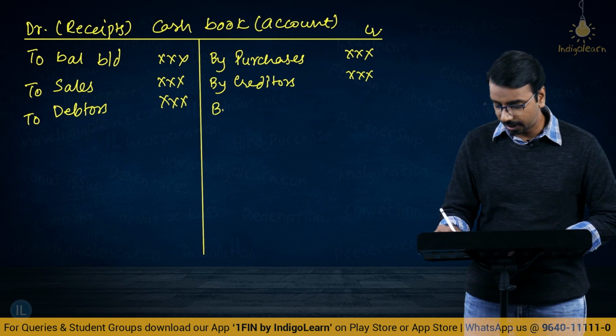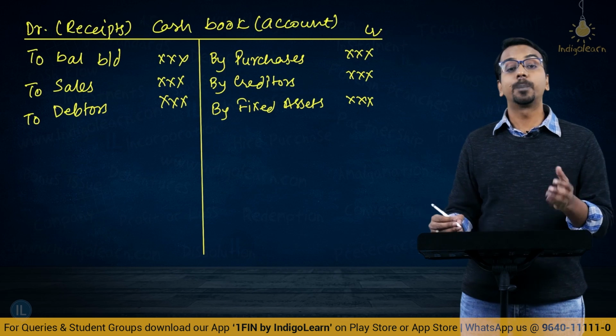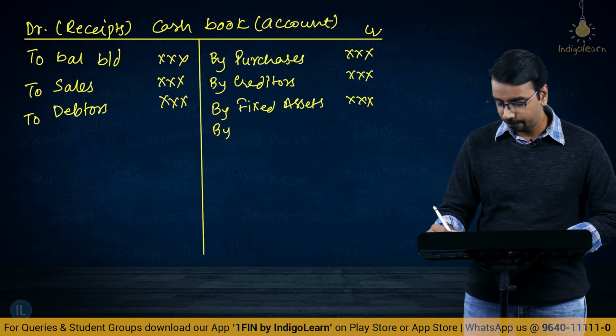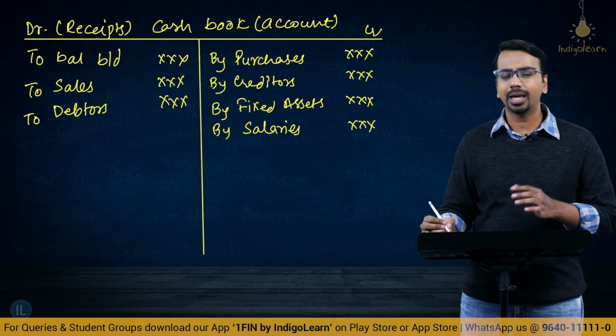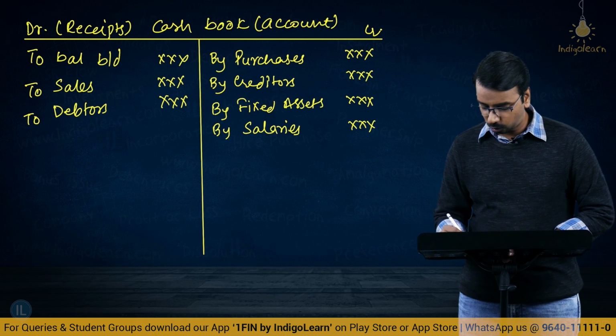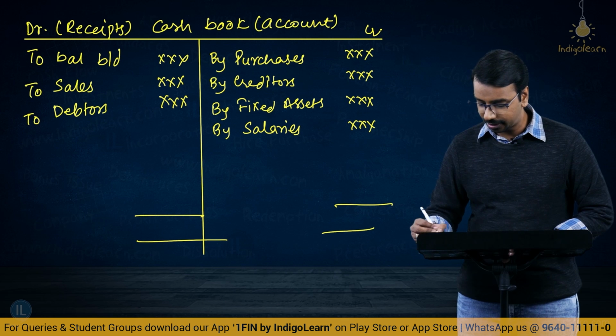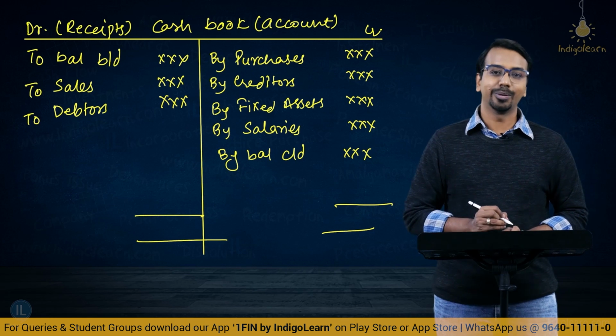You will say by fixed assets. You paid some salaries. You would say by salaries. So like this you can have many items of outflows, and at the end you will total up the debit side, total up the credit side, and you will say by balance carried down some particular amount.